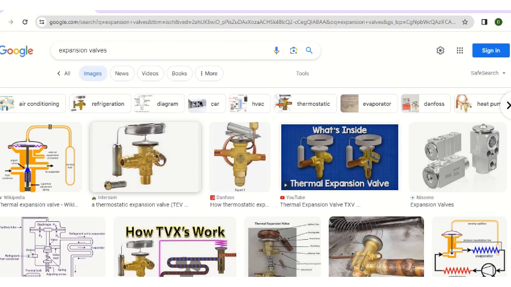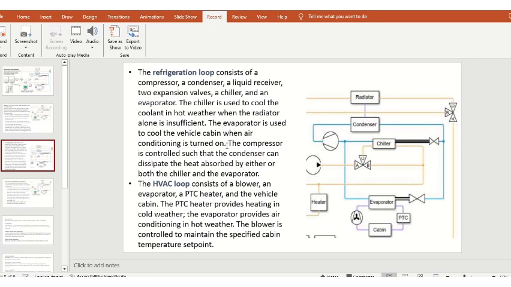If the same gas is made to pass through this valve, the pressure will be more, and if the same gas passes through this valve, the pressure will be less, it will be expanded. So expansion valves are used.